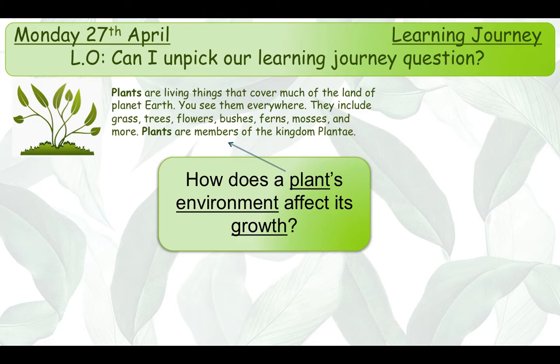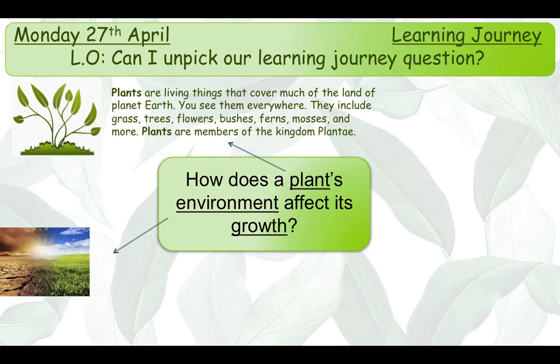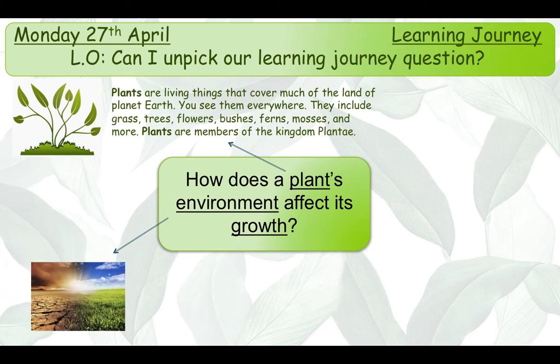Okay, the next piece of vocabulary in our learning journey question is environment. Now we talk about environment a lot, so what do we exactly mean about a plant's environment? Draw an arrow, and you could draw a picture of an environment. I've chosen this picture deliberately because it actually shows 2 different environments.